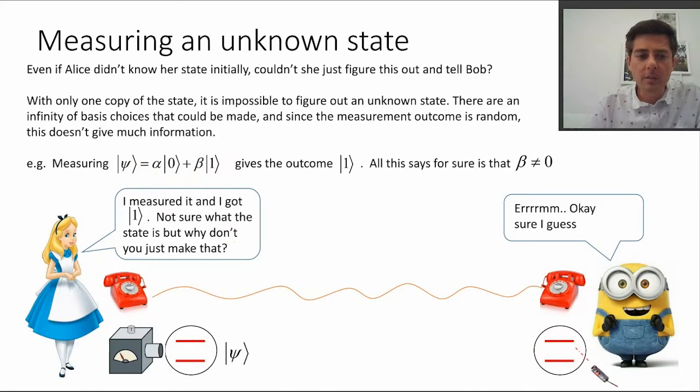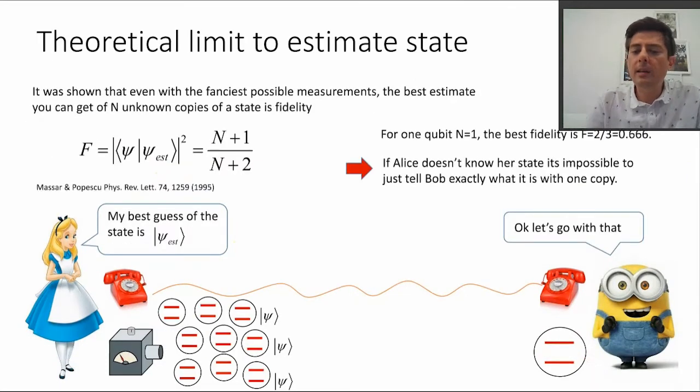So we won't go through it in this lecture, but there are known theoretical limits of how well you can measure or estimate what a state is, given that you don't know it, and the best possible measurements to do it.